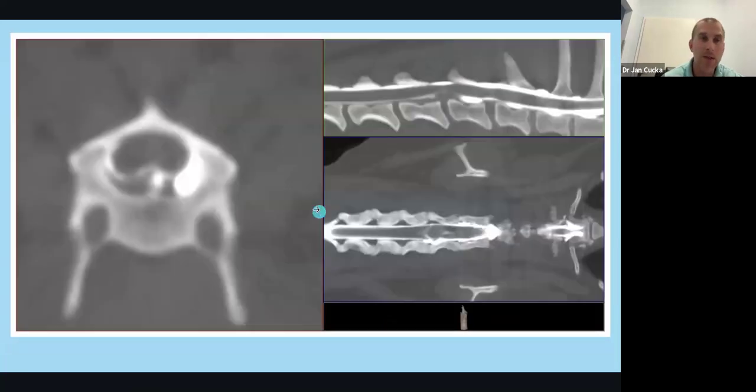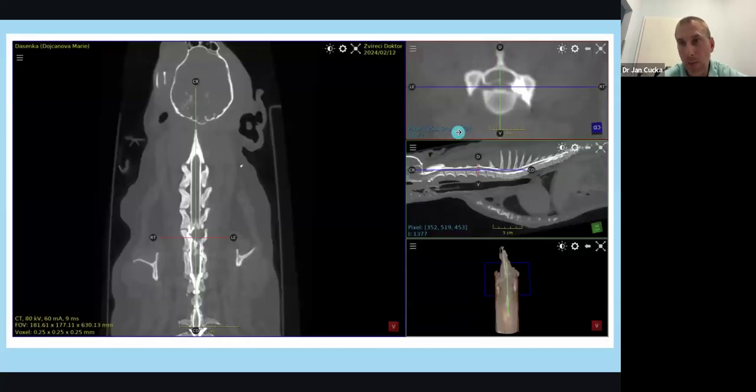I will show it here. This is more focused on that intervertebral space. We will go back to the overview here. So this is the second, third, fourth, fifth, so it is between the fifth and the sixth intervertebral space.